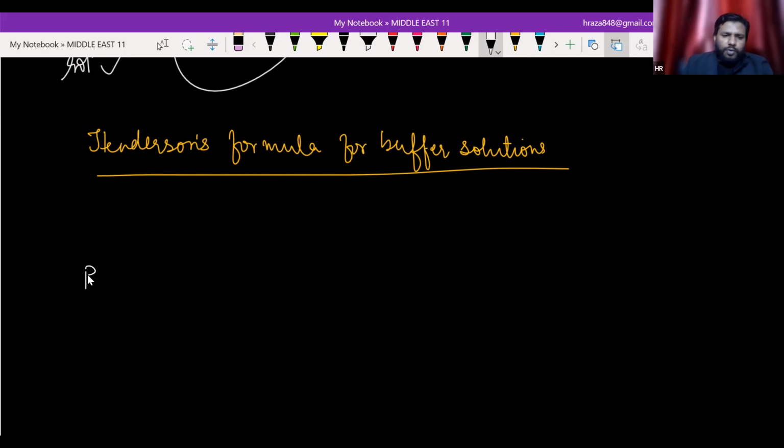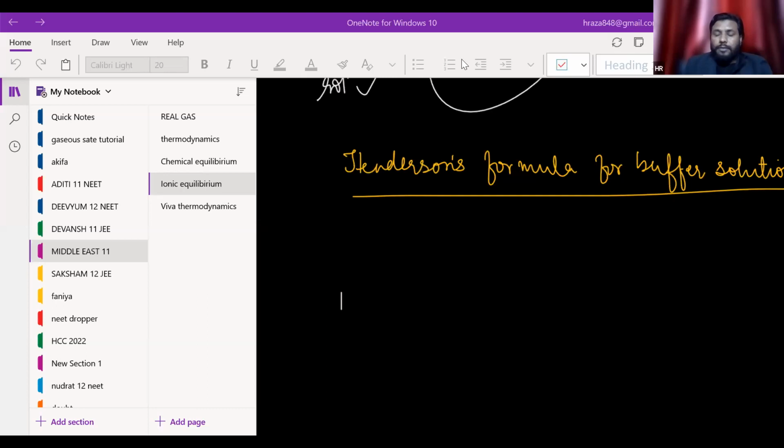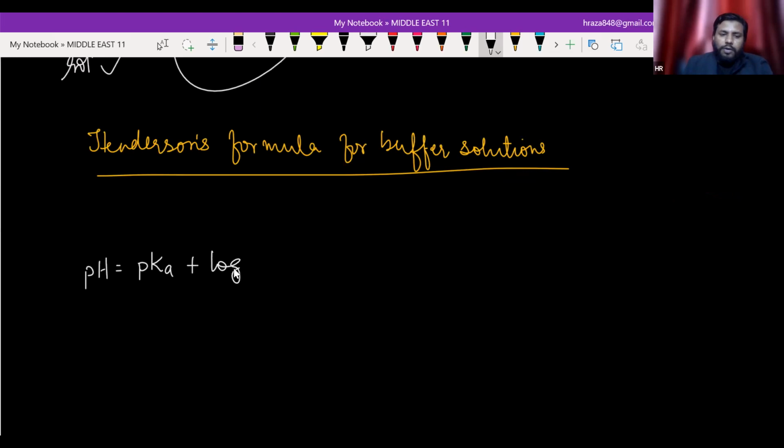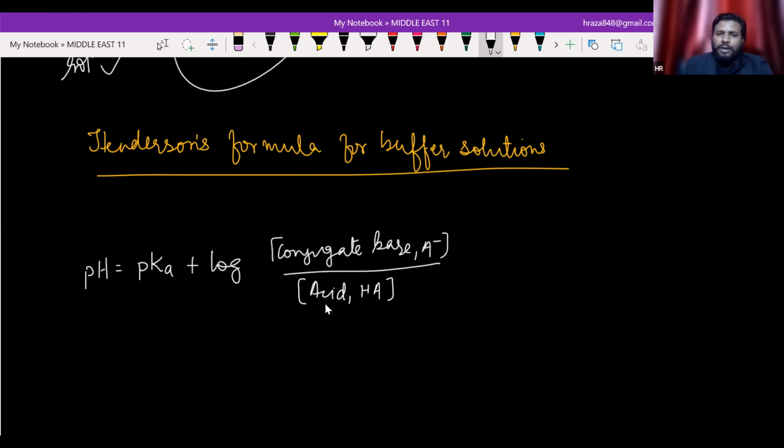So pH, for a buffer solution, equals pKa plus log of the conjugate base, that is A minus, in the numerator, upon the acid which you are using in the denominator.